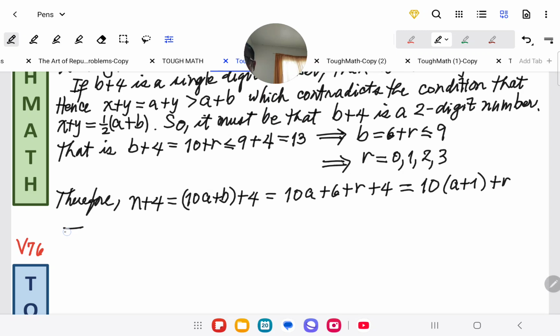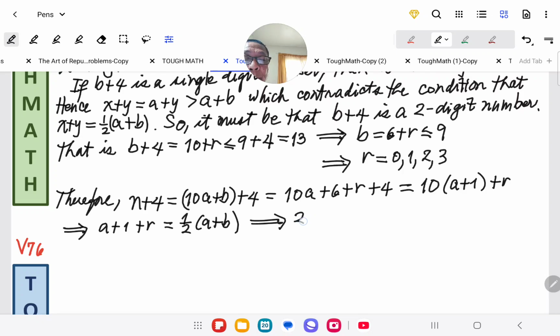So we must have a plus 1 plus r equal to one half of a plus b, which gives us 2a plus 2 plus 2r equals a plus b.